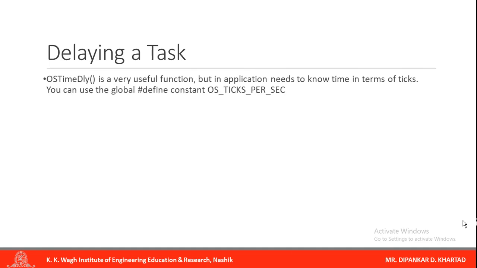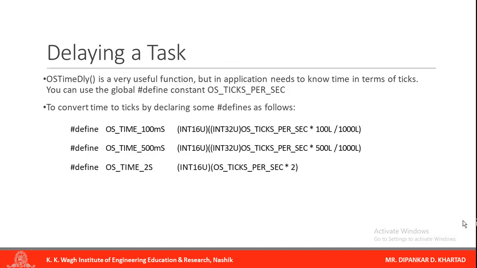Now OS time delay is a very useful function, but the application needs to know the time in terms of ticks. Why? Because you cannot predict that one tick means 1 millisecond. So you must know how many ticks you need for a particular time. You can use the global hash defined constant, OS ticks per second, to convert time to ticks by declaring some hash define, as already declared, or you can declare your own.